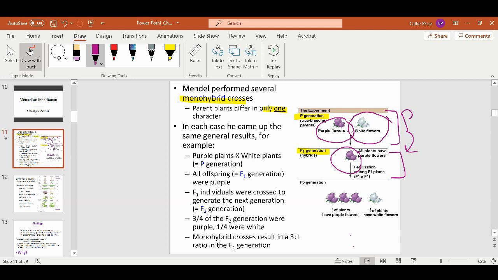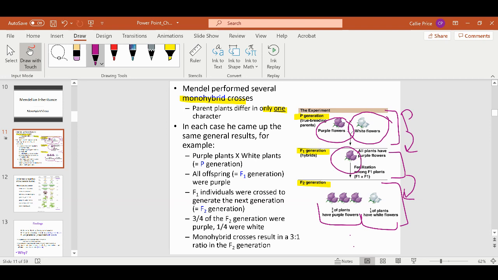If we then take two F1s and breed them together, we'll then produce the F2 generation. And Mendel found them in this proportion. About 3/4 of the F2 offspring came out to be purple, whereas 1/4 of the F2 offspring came out to be white flowering plants.